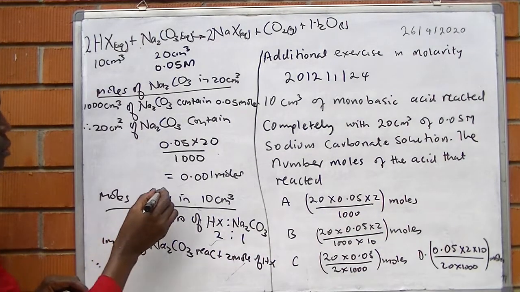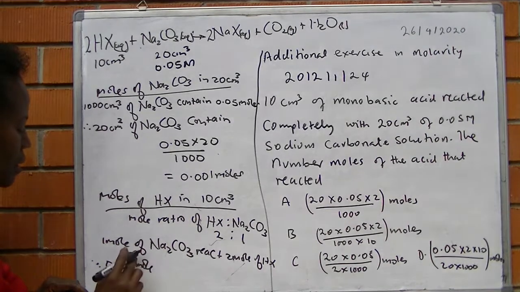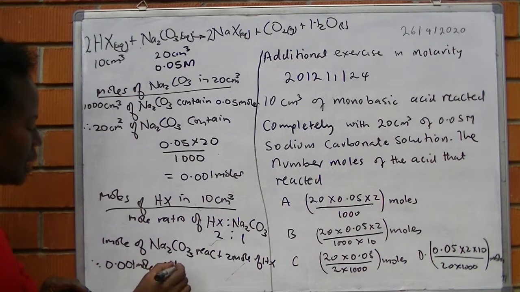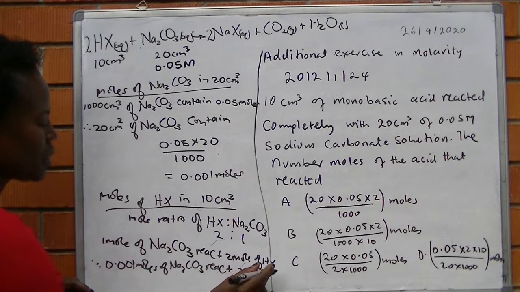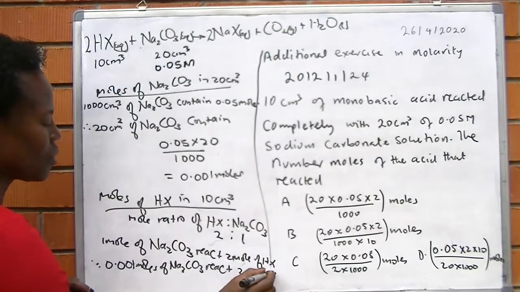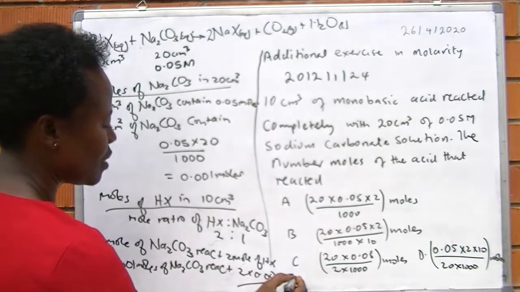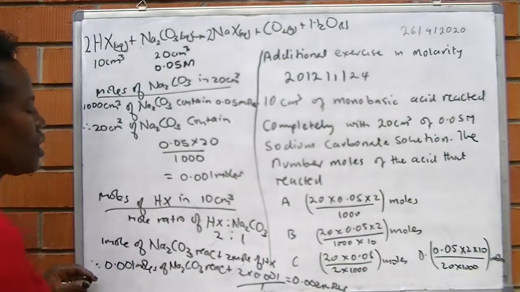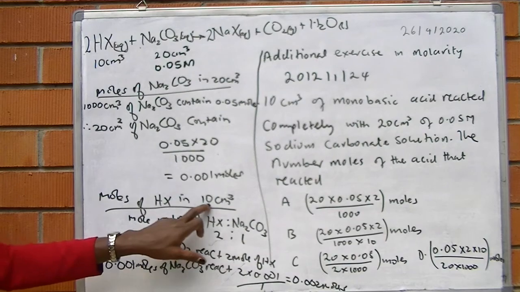What about these moles I've obtained? 0.001 moles of sodium carbonate reacted with, we cross multiply 2 times 0.001 over 1, which is equal to 0.002 moles. So these are the moles of the monobasic acid that are contained in 10.